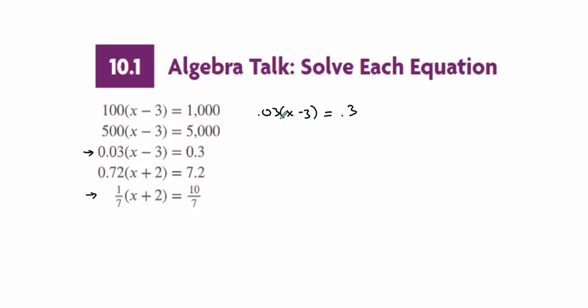So I'm going to use the distributive property first. 0.03 times x is 0.03x minus 0.03 times 3. I'm just going to pop out over here. 0.03 times 3 is 0.09, is equal to 0.3.